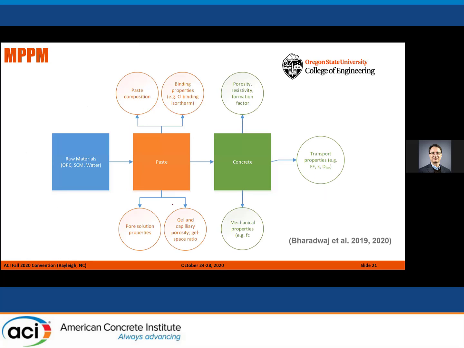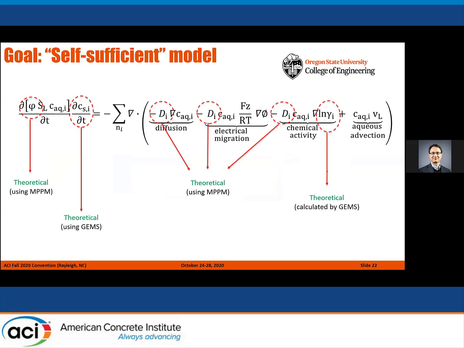So where we're going with this, I think Keshav mentioned this a little bit in the first week. We want to get the raw materials' compositions and reactivities, do some preliminary testing, and use these modeling approaches to find the properties of the paste, upscale them to concrete, obtain things like formation factor, diffusion coefficients, etc., and do reactive transport modeling to do what we call self-sufficient modeling.